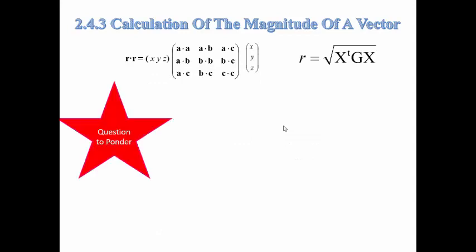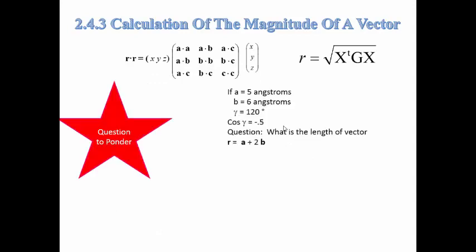Okay, so let's have a question here to ponder. Let's calculate the r of our matrix, our G matrix from the previous slide, with 5 and 6 angstroms and 120 degrees being our lattice parameters. And here is the length of the vector a plus 2b.